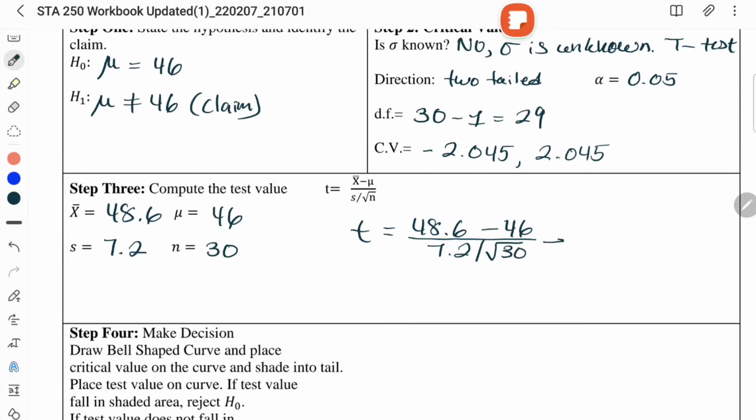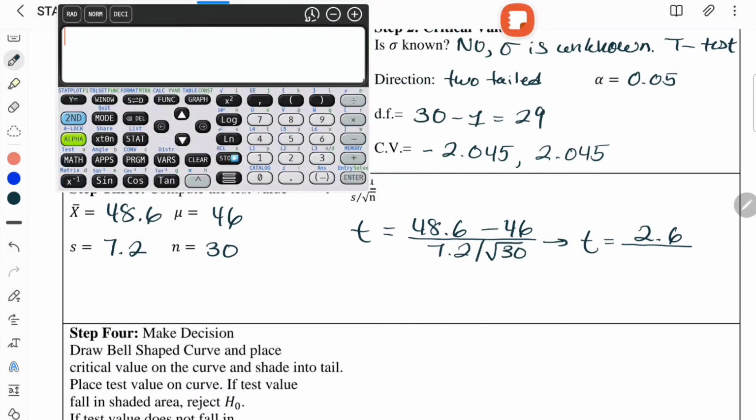Okay. t is equal to, let's do 3 numbers after the decimal when it comes to a t-test. That is going to be 2.6 divided by 7.2 divided by the square root of 30. Take 3 numbers after the decimal.